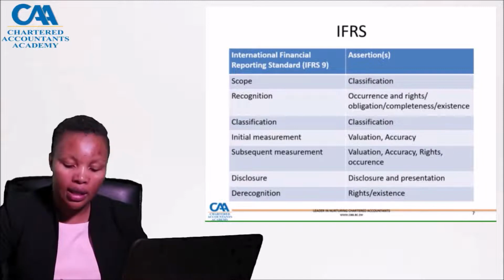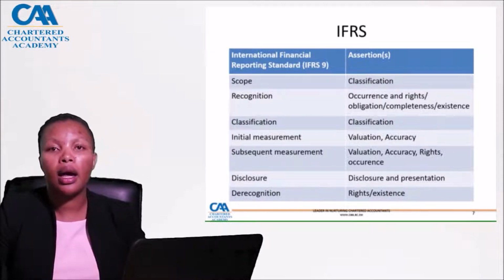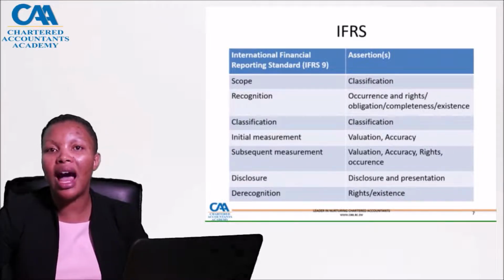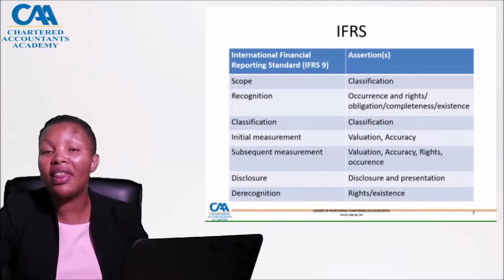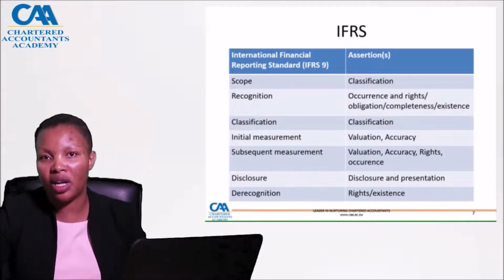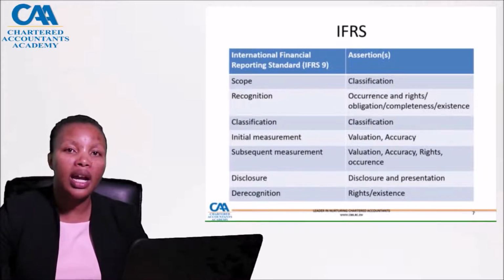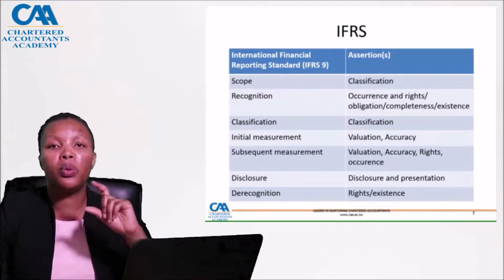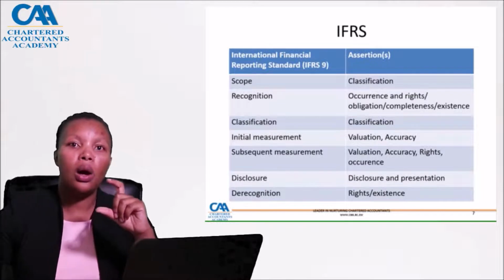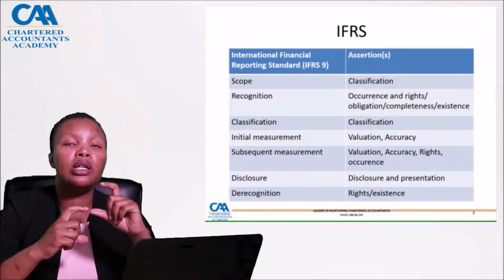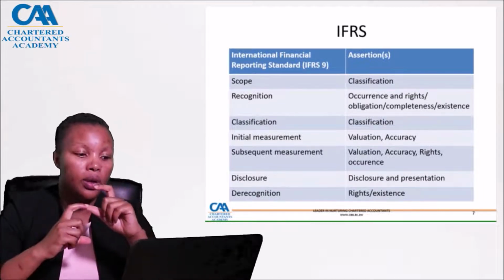Or even if it's inventory, remember, inventory has to be carried at the lower of cost and net realizable value. Then you realize that maybe we were recording at cost, but now net realizable value is lower than cost.